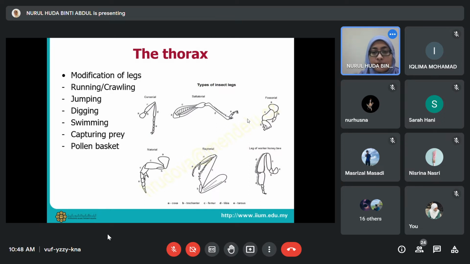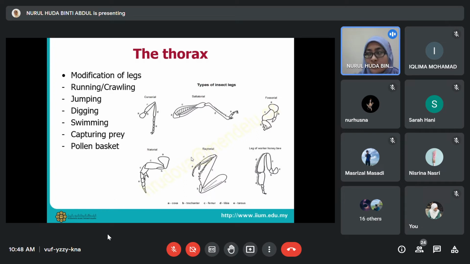And then for the honeybee, you can see that they roam on the flowers and collect pollen. So they have a characteristic we call the pollen basket. It's actually a modification at the tibia or first tarsus, usually an enlargement at the tibia.